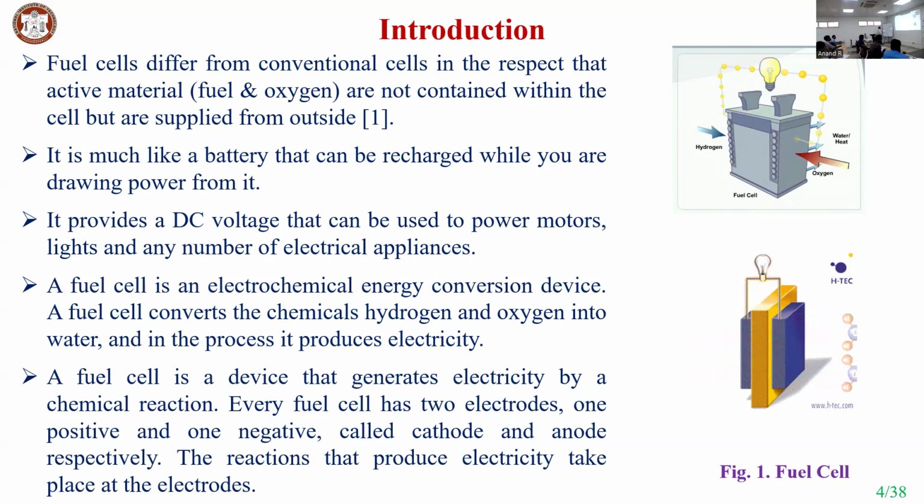Here I am talking about the hydrogen fuel cell. During the reaction, heat also comes out. So there are three products that we receive at the cathode side: heat, water, and electricity.